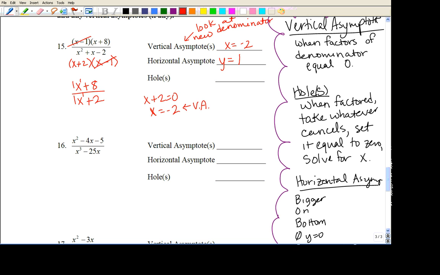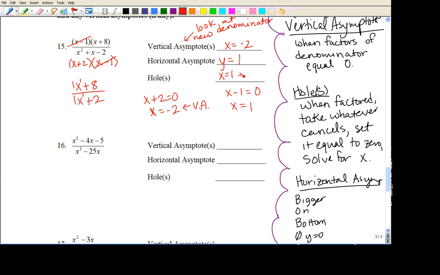And then for the holes in the graph, you're again going to use the cancel part. So like I said over here, holes, when factored, take whatever cancels, set it equal to 0, and solve for x. So this time what canceled was the x minus 1. So if I set that equal to 0 and solve for x, I'll get x equals 1. So there will be a hole in the graph at x equals 1.